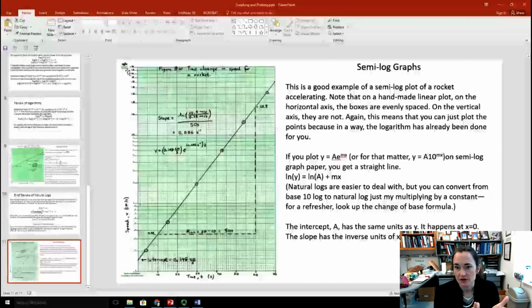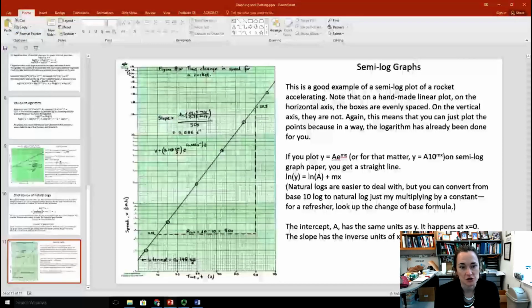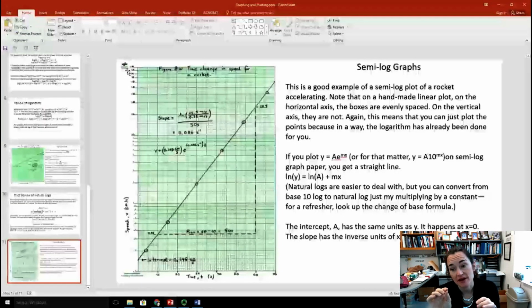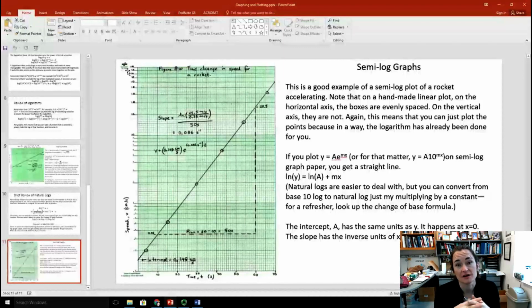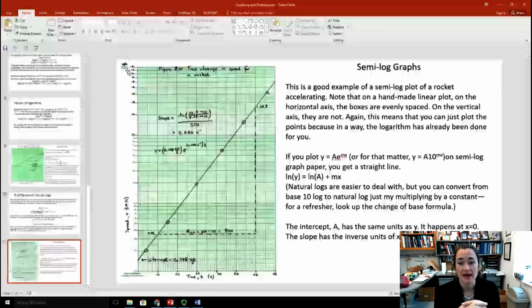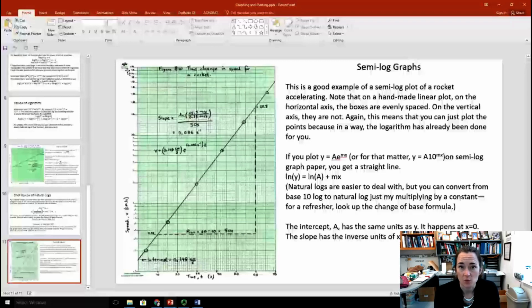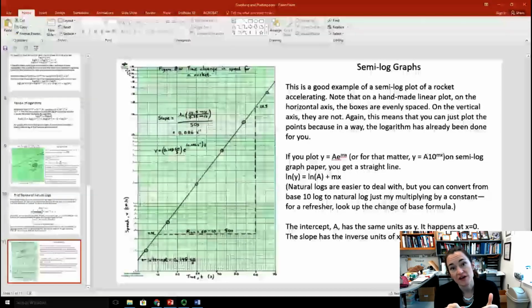So what you're doing here is you're plotting it out. Your function is y equals a times e to the power of mx. So we have a natural base e exponent here. If you take the natural log of both sides of that equation, I get the natural log of y on one side, and the natural log of a e to the power of mx on the other side.